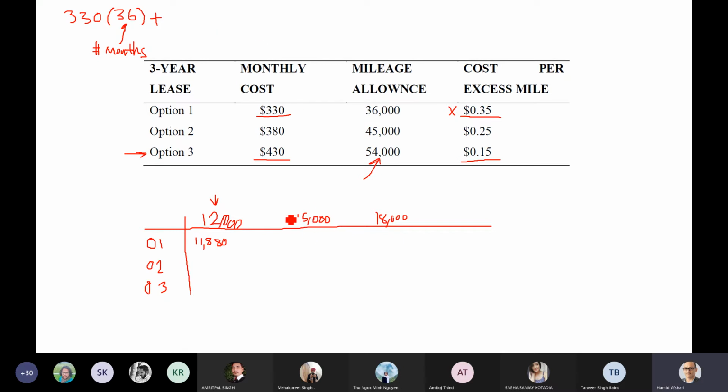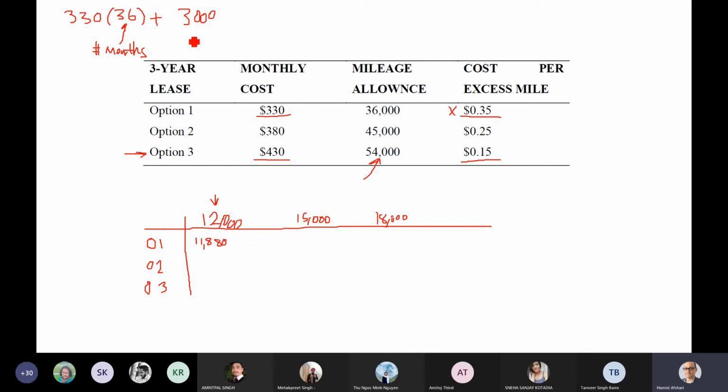How much is going extra? Nothing. So 15,000 miles minus 12,000 miles, which will be 3,000 miles.